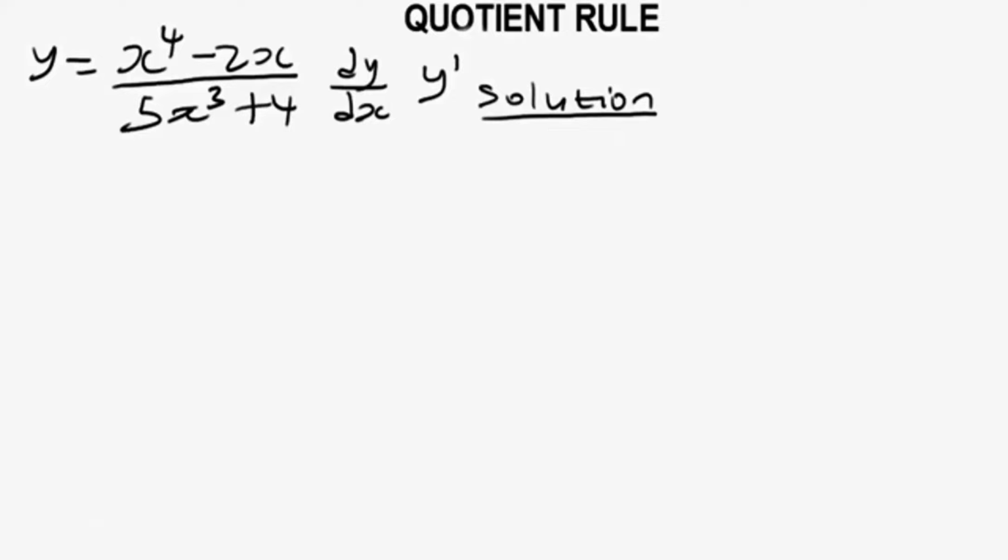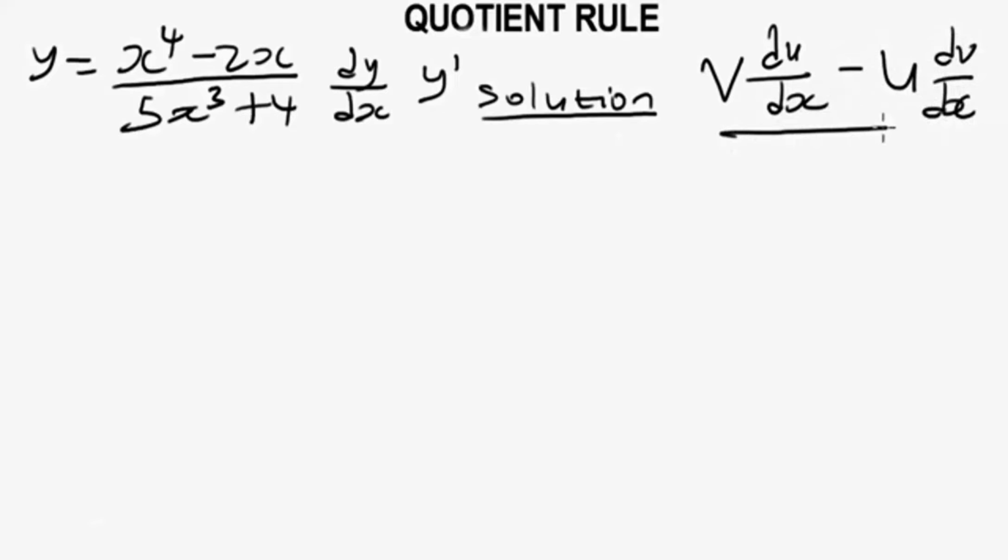The formula is v du over dx minus u dv over dx, all over v squared. Our u is usually our numerator value, our v is usually our denominator value. So we can bring them out.